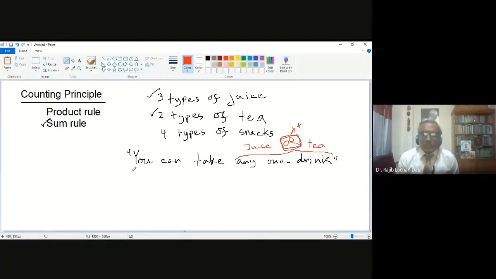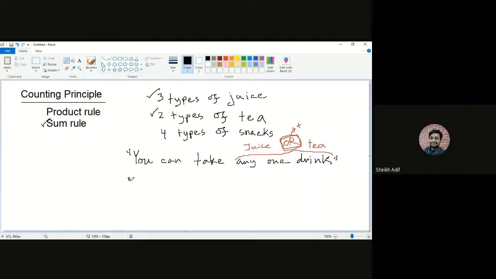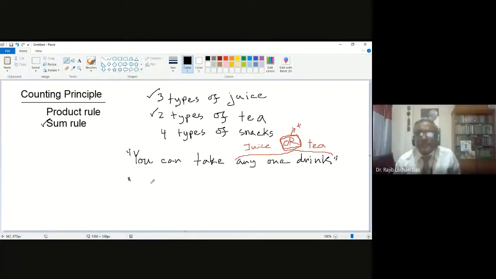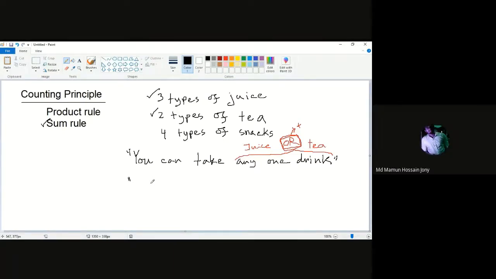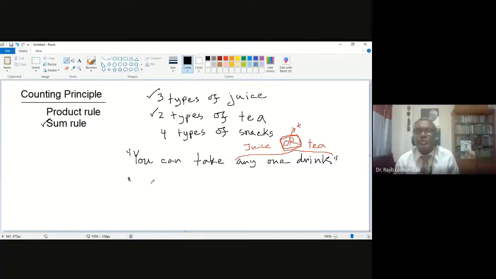Okay. Since it says any one, in case of or, I can take both, if either or condition, then we can take only one. If juice or tea, we cannot take both, right? In the most correct situation, it should be either juice or tea.